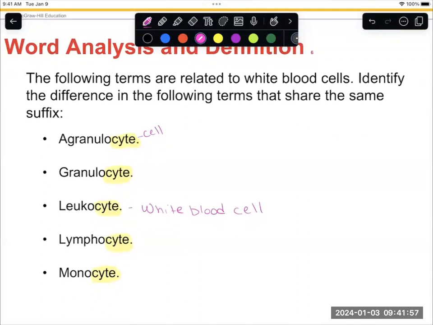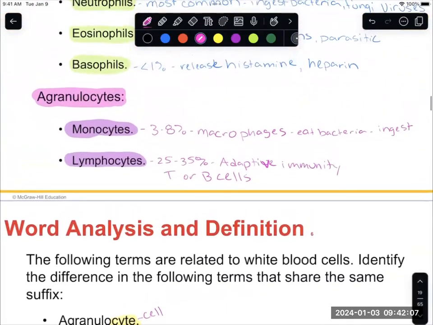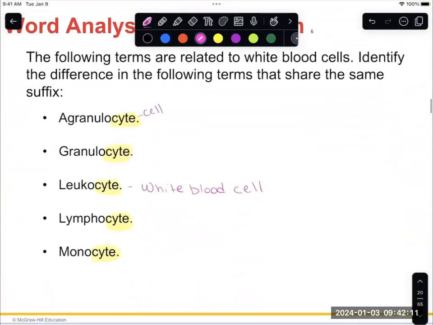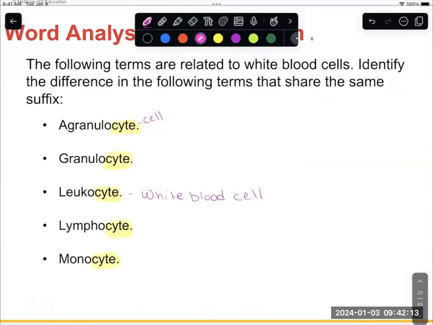Monocyte is another specific white blood cell. As your book says here, it's got a single nucleus, but monocytes are the ones that become those macrophages. Once they leave the bloodstream, they are called macrophages. They're not called a macrophage in the bloodstream, only outside of the bloodstream.